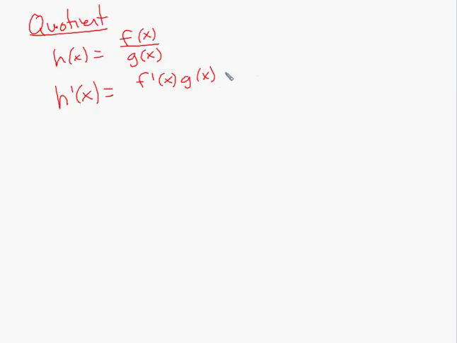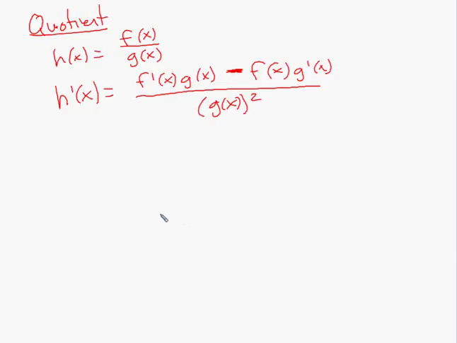So it starts out like the product rule, except instead of adding these, I'm going to subtract them: f of x, g prime of x. So far same as product rule, except I subtract these instead of add them. All over, and now another difference, I take g of x and I square it, whatever it happens to be.